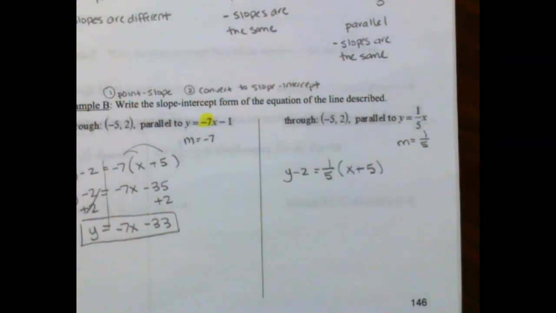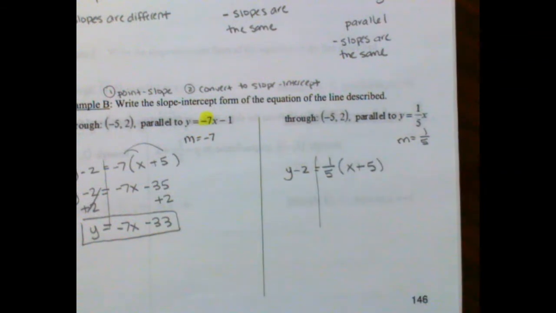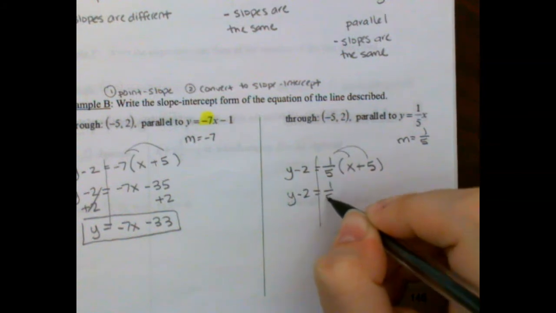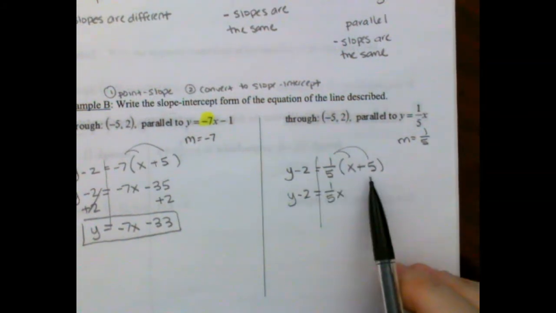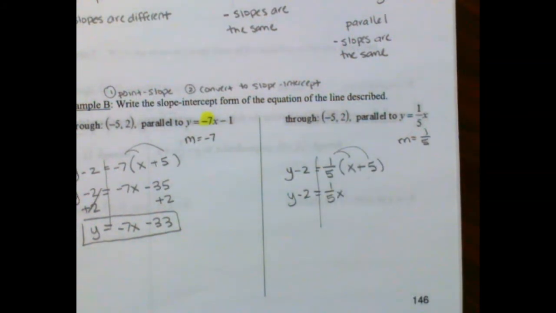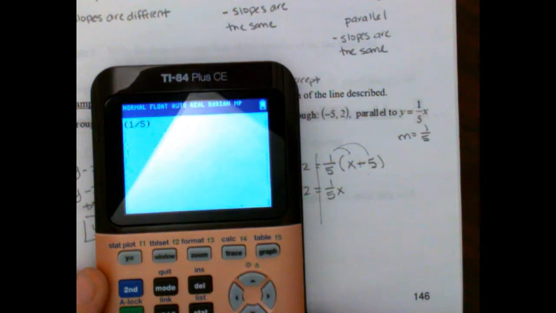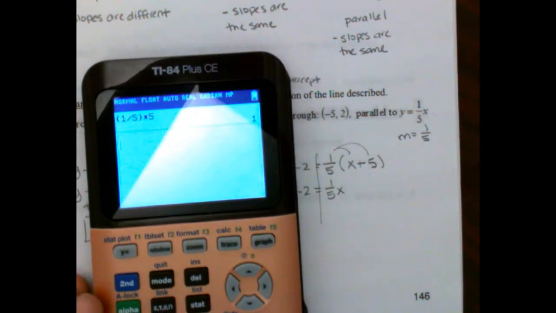So there's point slope form, but now I have to convert it into slope intercept. So I'm going to distribute on the right, and I get 1/5 x, and then you have to do 1/5 times 5. You can do that in your head if you want, but again, you know me, I'm a very big supporter of calculators. So you can do 1 divided by 5 times 5. You end up getting 1.